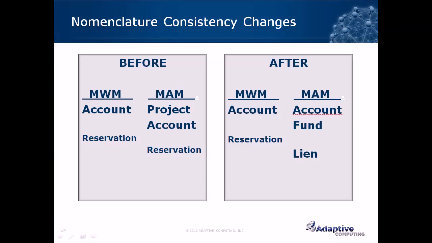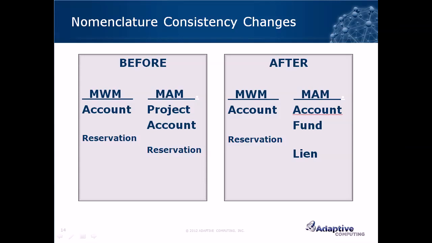So we synchronized this. They're both called account now in both Moab Accounting Manager and Moab Workload Manager. The pool of funds, the pool of credits, is now called a fund. You create a fund and you can associate it back to an account. And now we have the concept called a lien in Moab Accounting Manager. So I'm going to be using this; I just wanted to introduce this nomenclature.